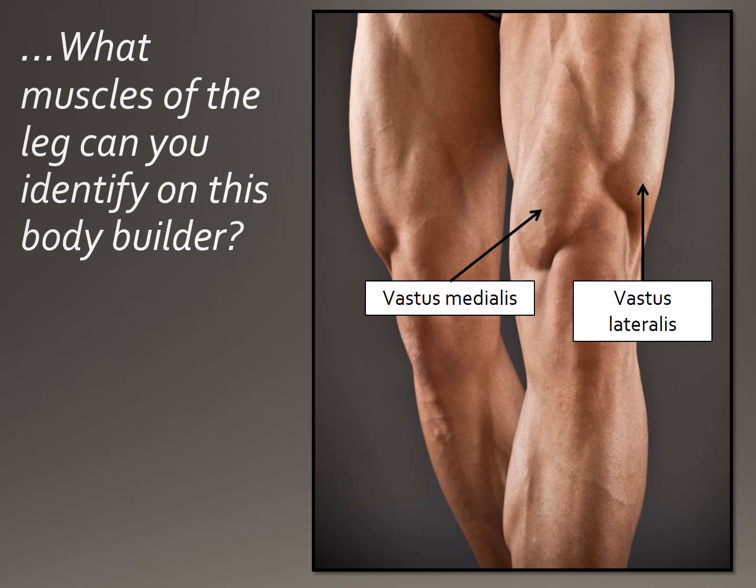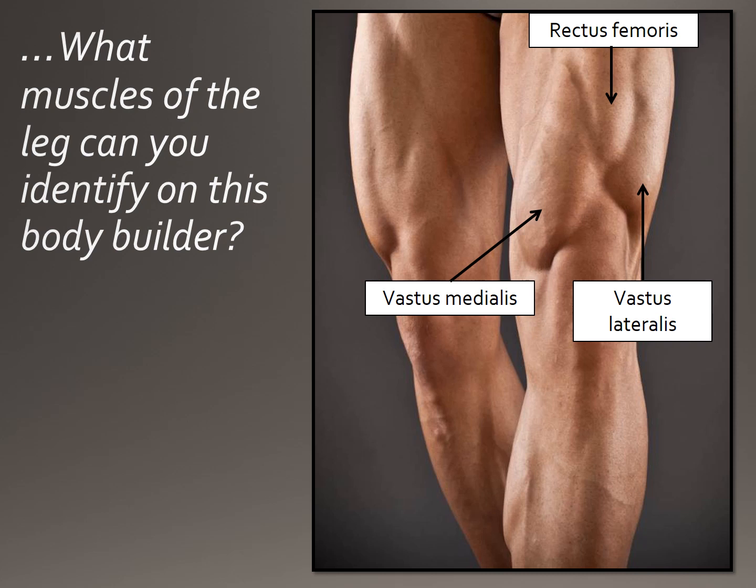Now, what is that third quadricep muscle that's right on the anterior portion of the femur? This is going to be our rectus femoris. And you can clearly see how these muscles are different from each other on this very pronounced leg.